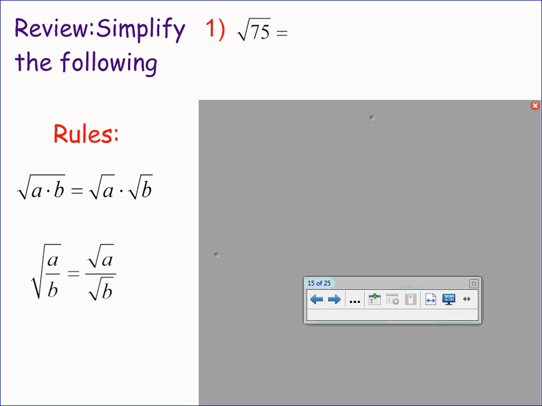So the square root of 75 can be simplified exactly and algebraically by taking a look at our perfect square powers. Everybody look at your perfect square powers, and we want to find the largest one that divides evenly into 75 without a remainder. So I usually start on my list, and I look at my squares on my half sheet, and I start at the biggest perfect square beneath 75, and that's 64.